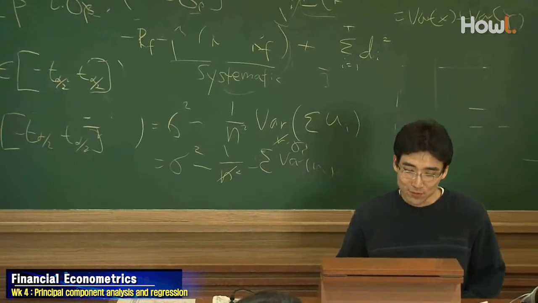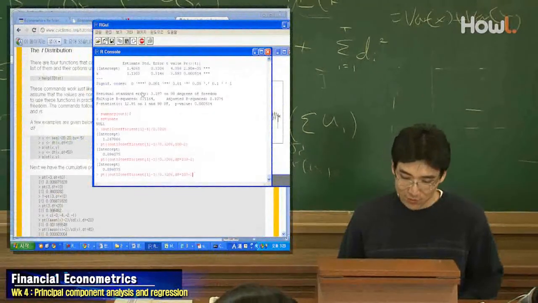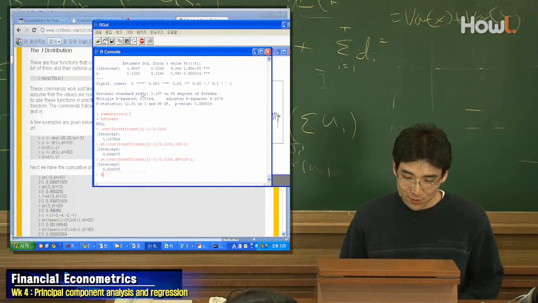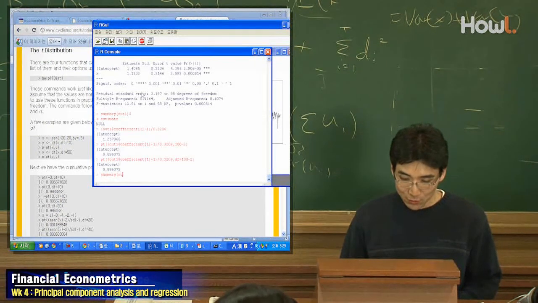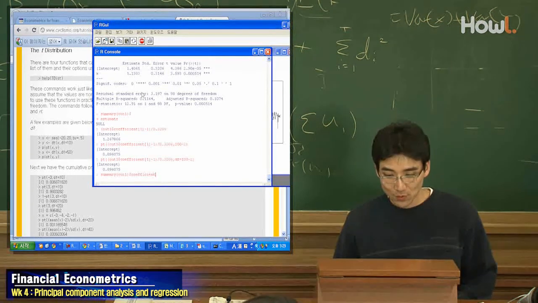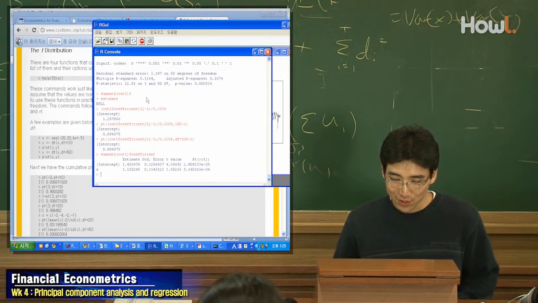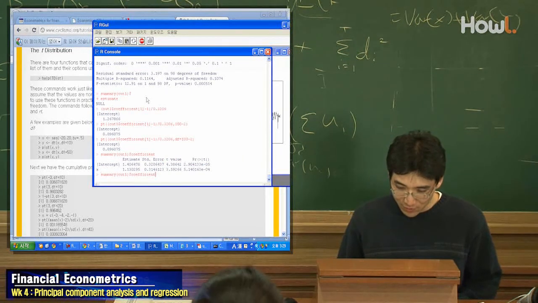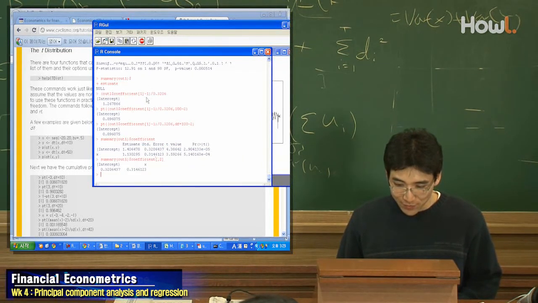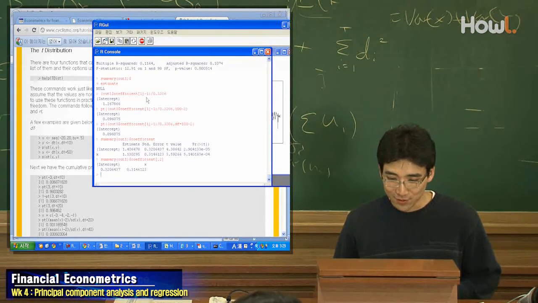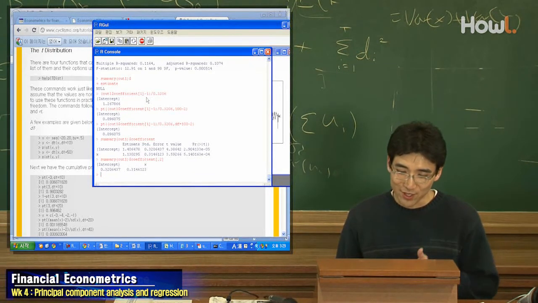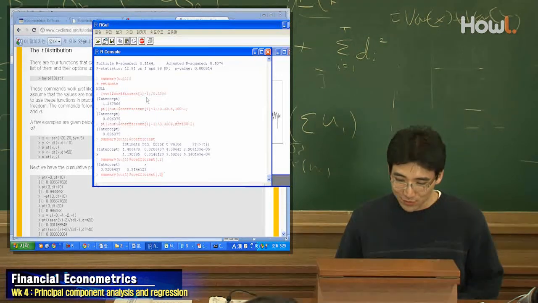So coefficient. Let's check the coefficient. Summary out 1, and the coefficient looks like this. To get the standard error, what I can do is, interesting, that's standard error. Anyway, this is coefficient.